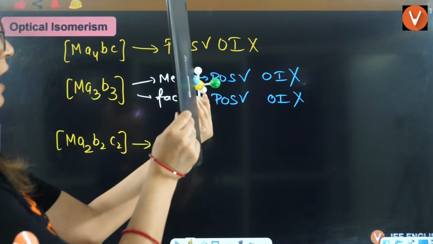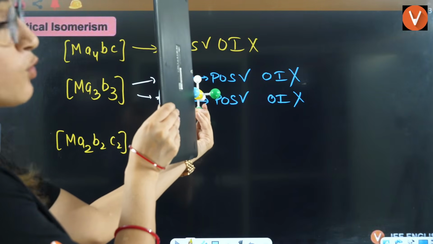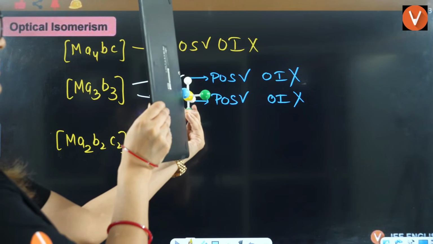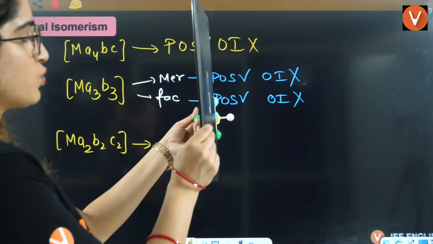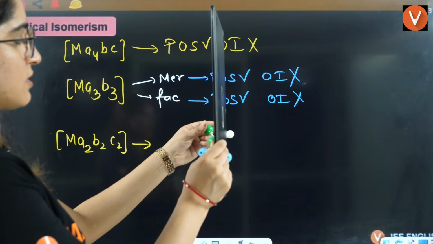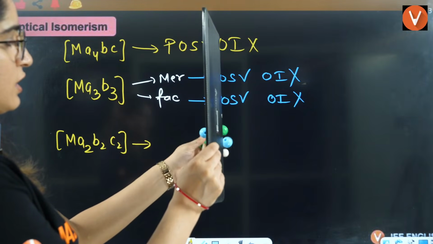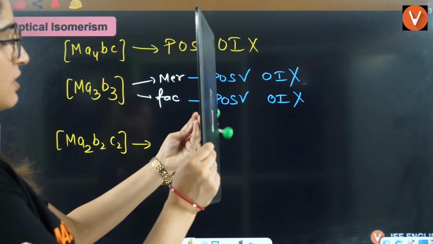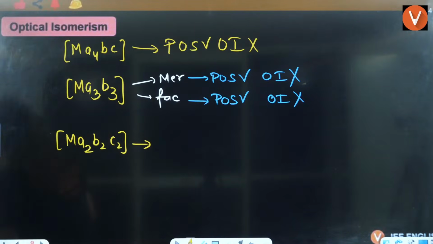Even if you pass it like this, it will be the same; two are different. Even if you pass it like this, they are different. So that means there is no plane present.